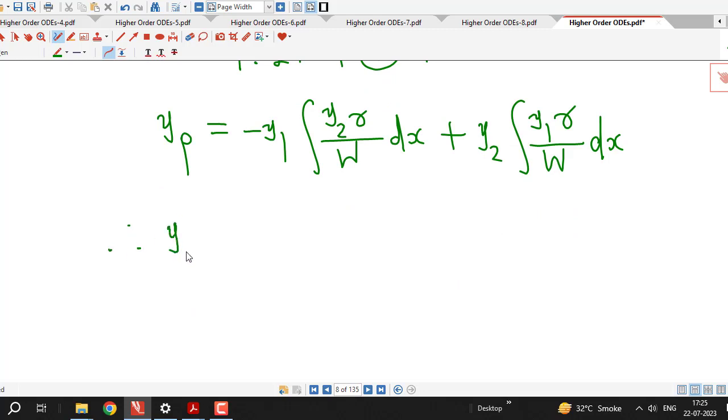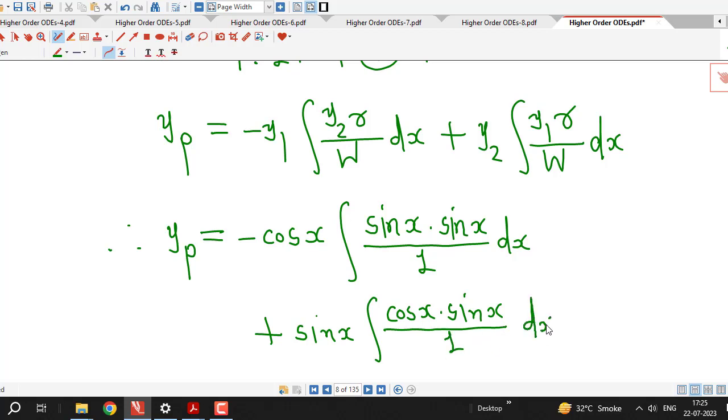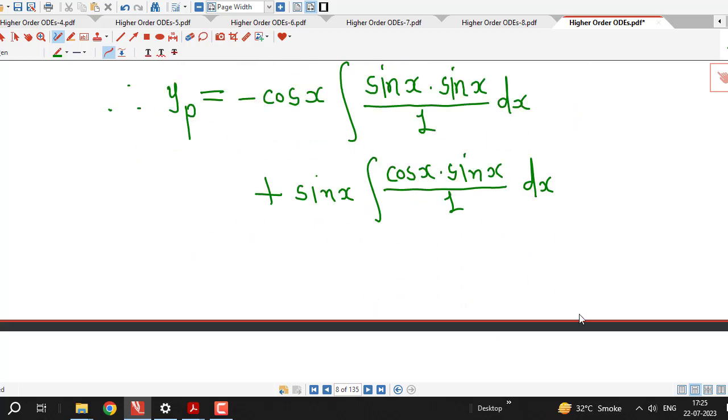And we are having all these values now, so we can put them in this formula. y1 is cos x, y2 is sin x, right hand side is also sin x, Wronskian is 1, plus now y2 is sin x and y1 is cos x into right hand side, which is sin x, divided by Wronskian, which is 1, integral with respect to x.